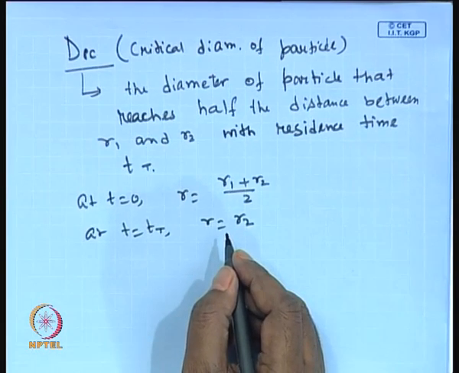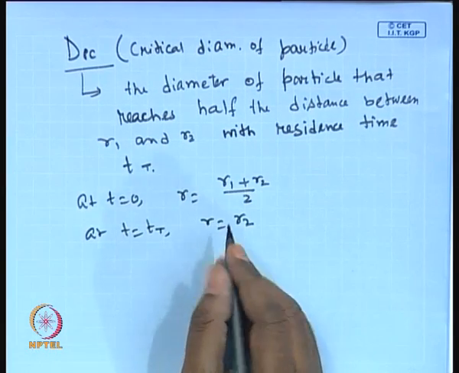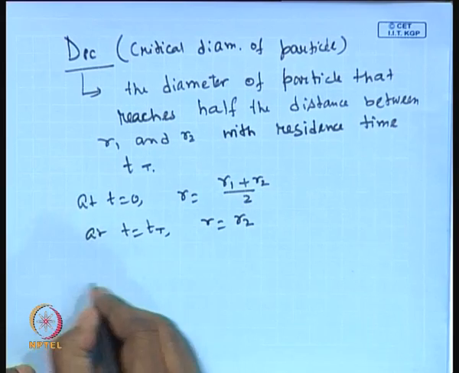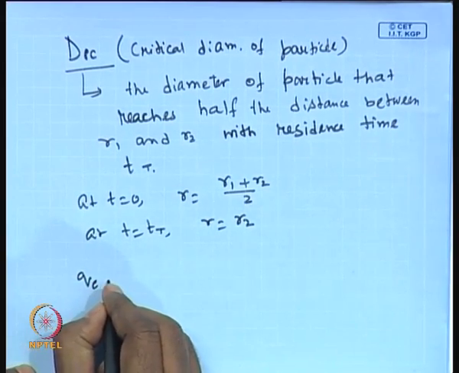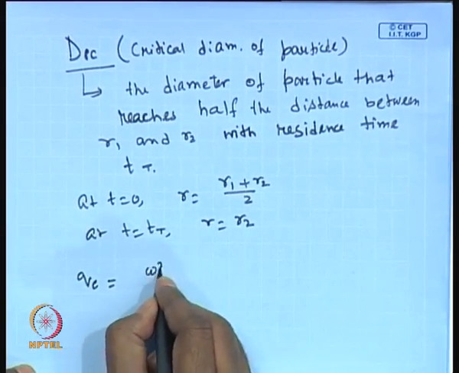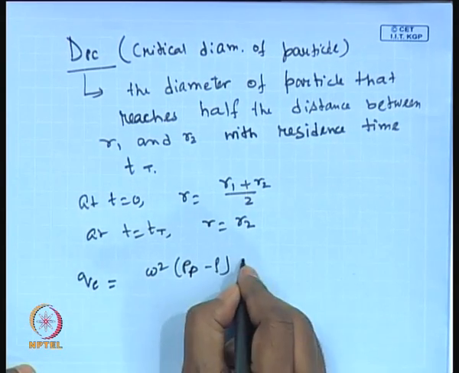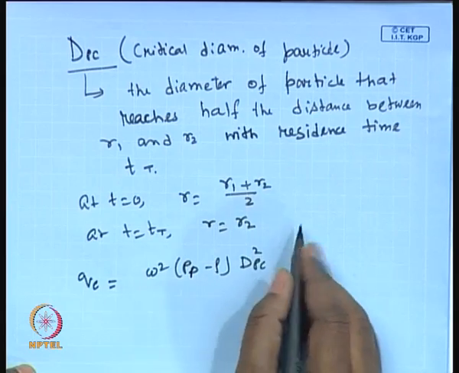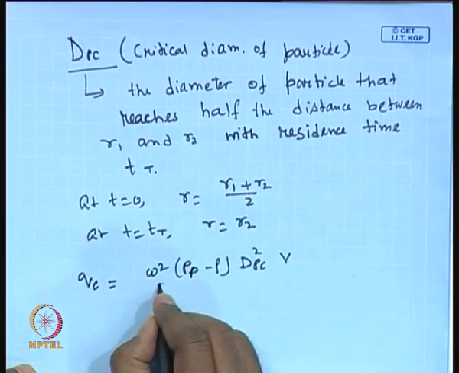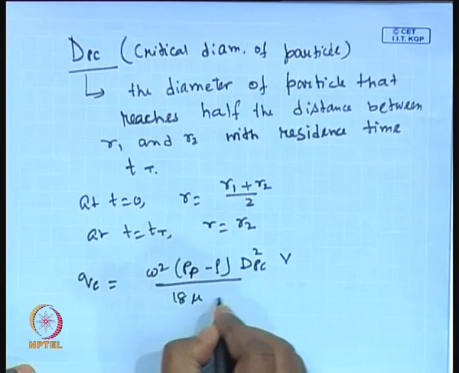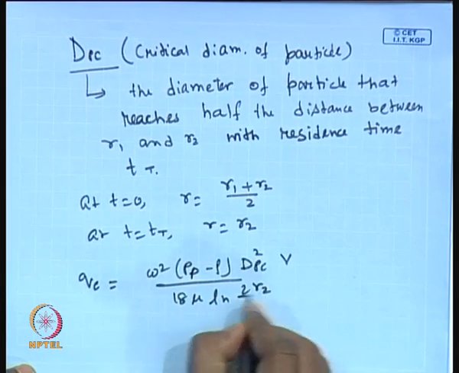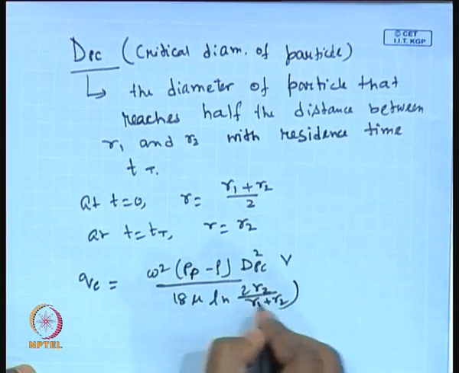Now, cut point diameter. What is the critical flow rate? The critical flow rate becomes, in that case, QC is equal to omega square (rho p minus rho) dpc square multiplied by V divided by 18 mu ln 2R2 divided by (R1 plus R2). Okay.